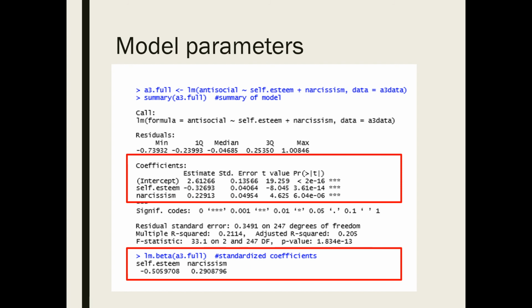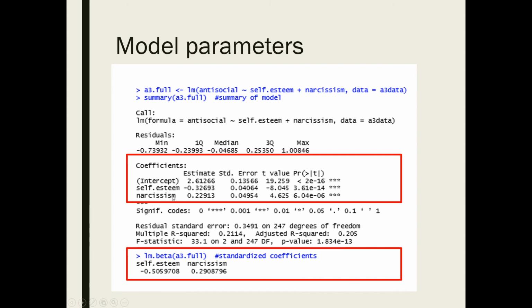As we noted earlier, we're going to care mostly about the slopes. So if we look at self-esteem and we look at the slope here, we see that self-esteem has a negative relationship with antisocial behavior, specifically when we control for narcissism. And if we move across here, we see that this is again a very strongly statistically significant relationship.